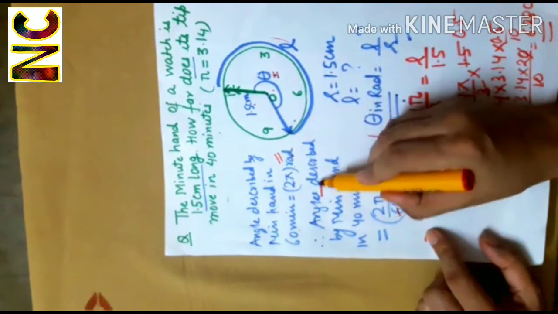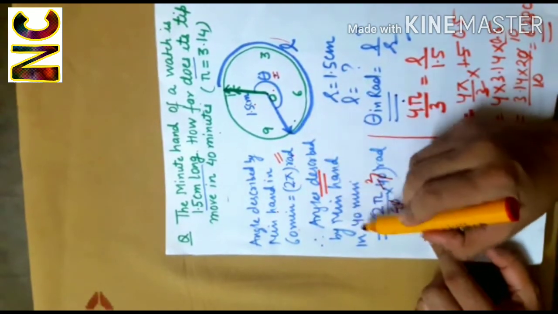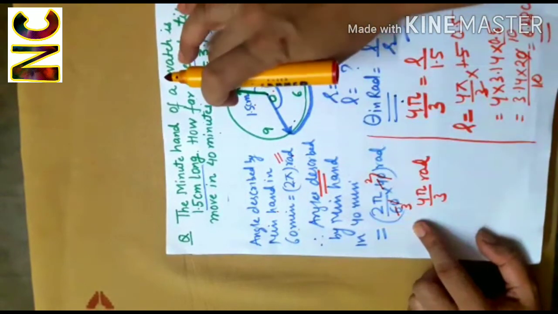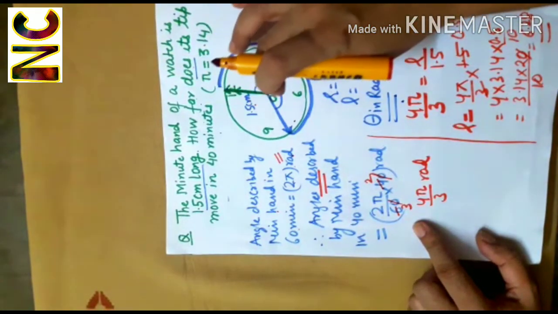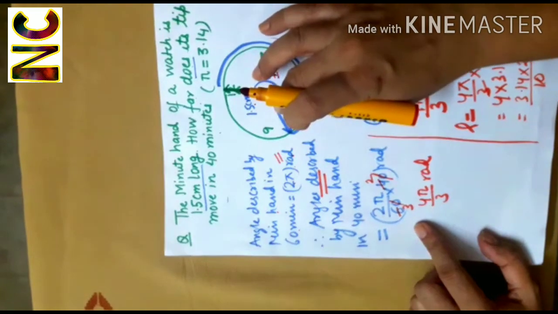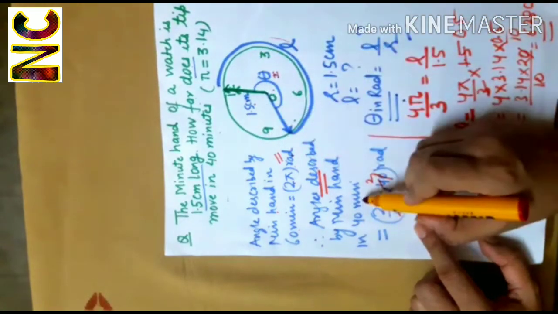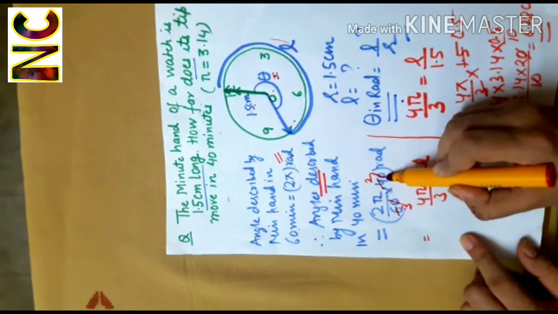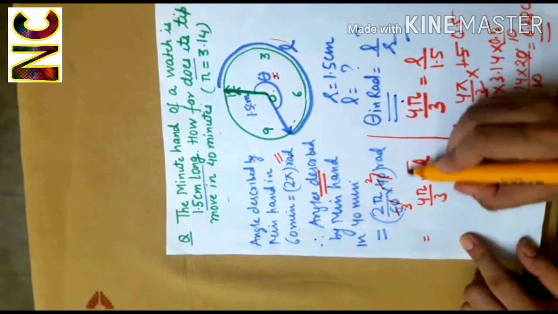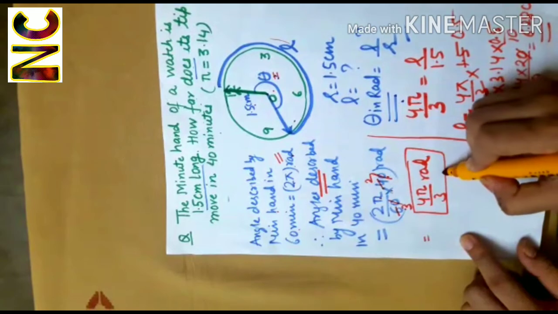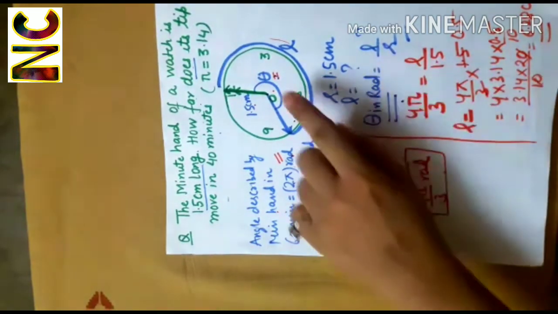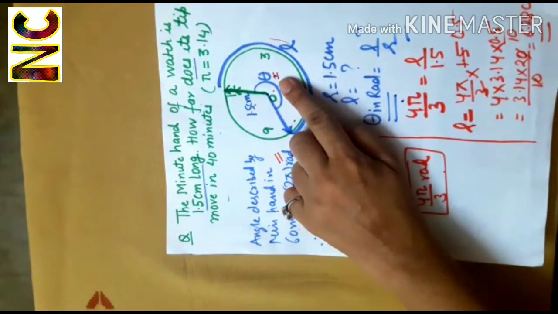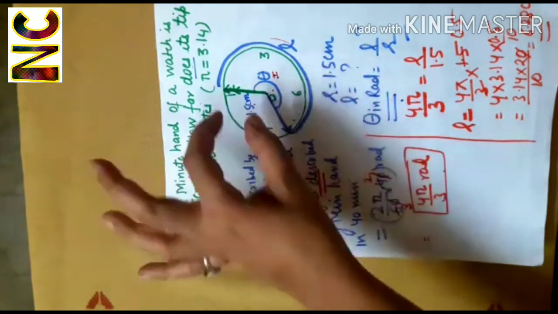So angle described by minute hand in 40 minutes, this angle, will be equal to 2 pi over 60 into 40, and that will give you 4 pi by 3 radians. So this angle theta is 4 pi by 3 radians.